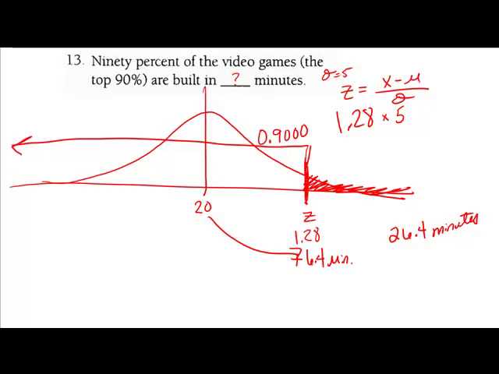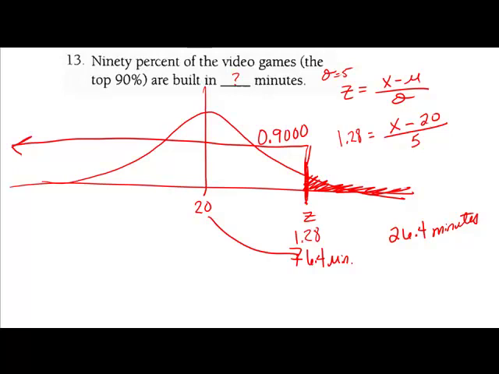Let's do this another way. X is what we're looking for. X minus mu, where mu is 20, divided by 5, and we know that the answer to this is 1.28.